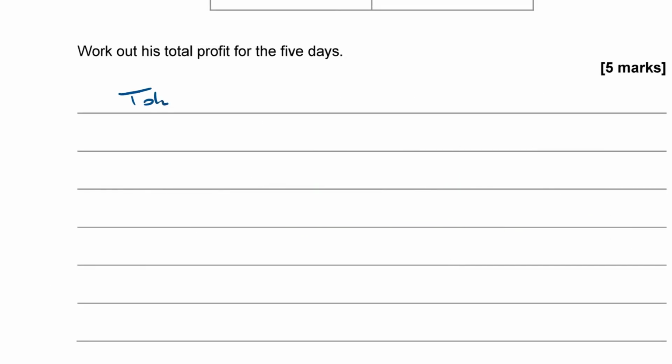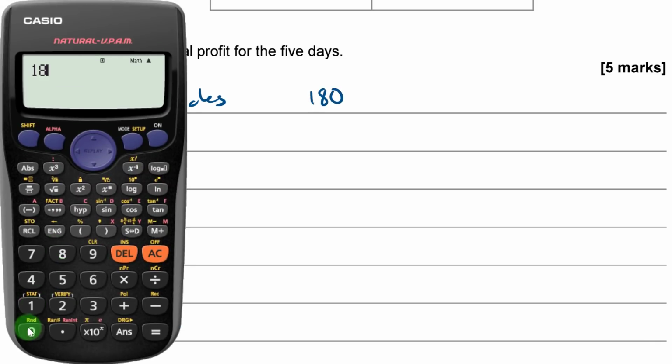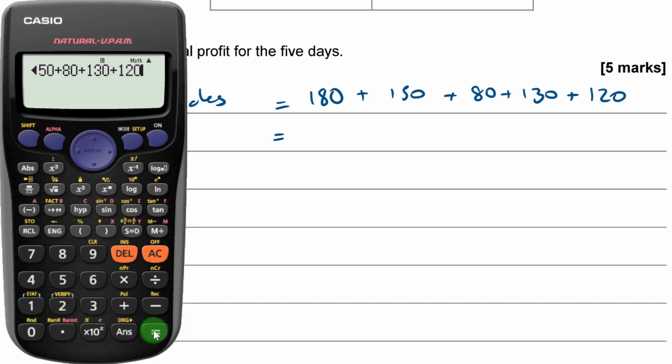So total sales is going to be all that money added together, which is 180 plus 150 plus 80 plus 130 plus 120, and according to my calculator that is £660.